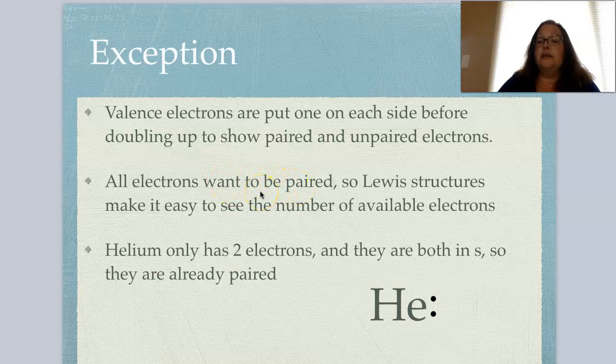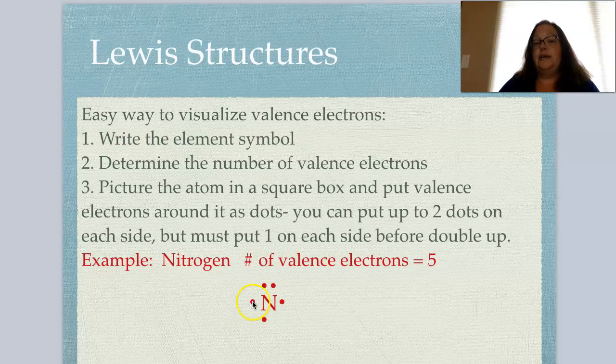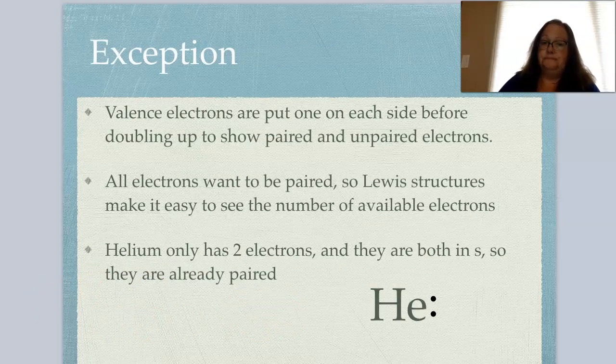The electrons' goal when they're bonding is to find a buddy for all of their lone electrons. Nitrogen here has 3 lone electrons, which means its goal in life is to find 3 buddies to match up with these electrons. Other elements have lonely electrons that they can buddy up with.